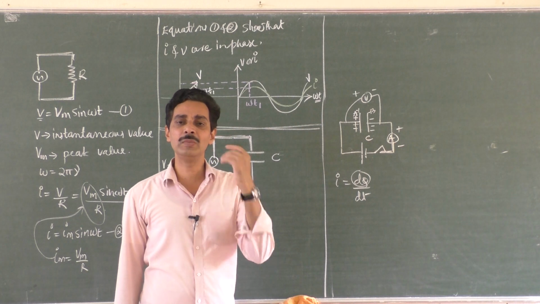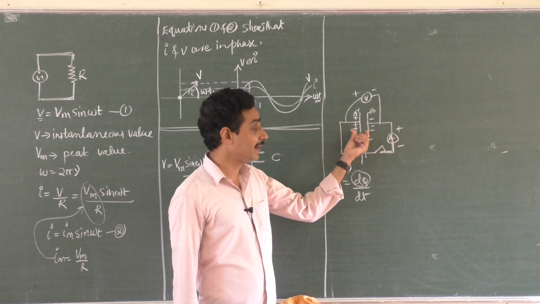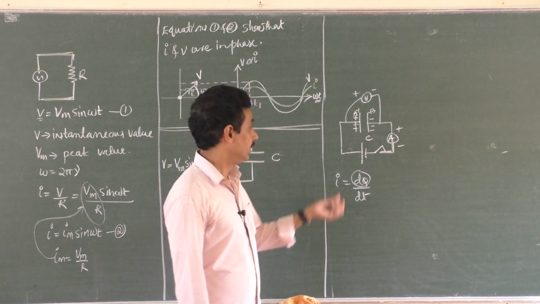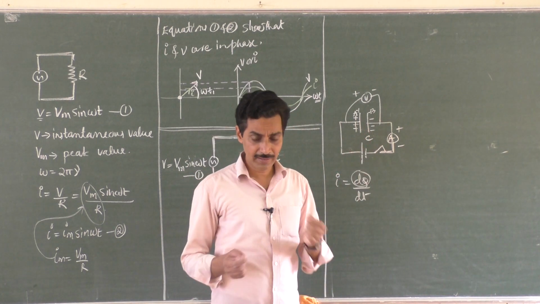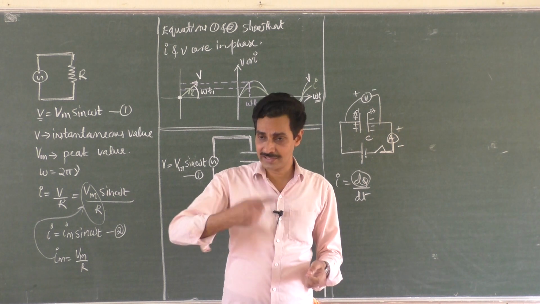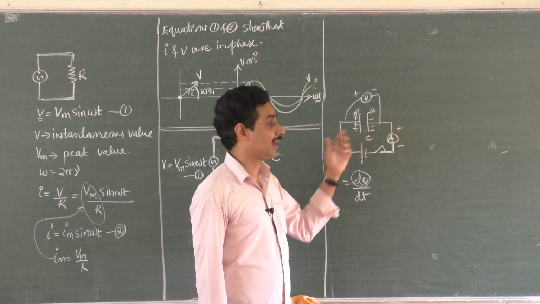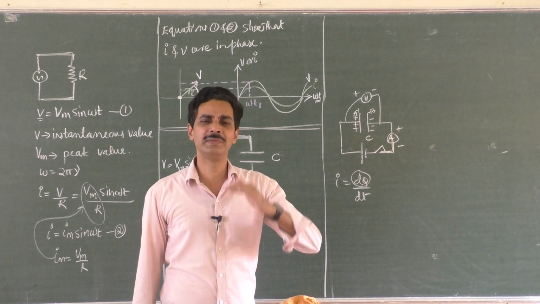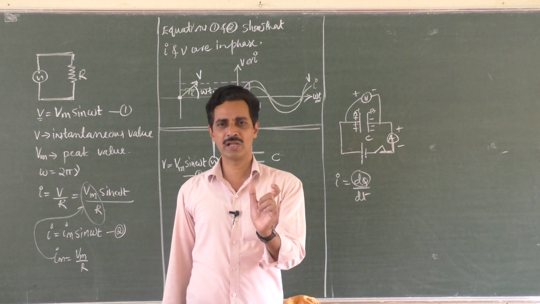What about the voltmeter reading? Voltmeter reading in the beginning will be 0. Why? Because unless the capacitor is charged, we won't have potential difference. If you want to have potential difference, you have to produce a difference in potential by charging the two plates. In the beginning, charge in the two plates is 0. As one electron gets transferred from plate A to plate B, a little bit of charge is developed. There is a potential difference.